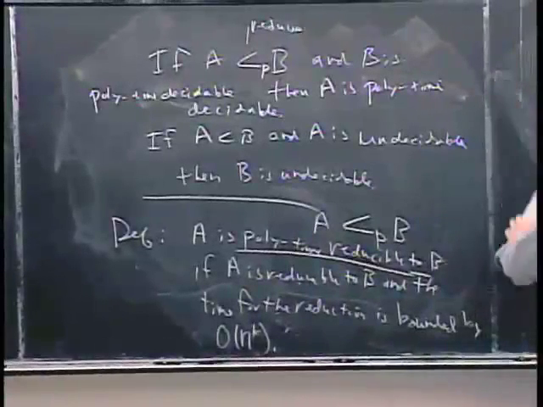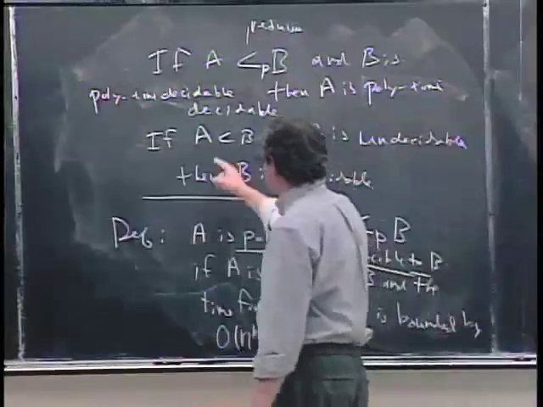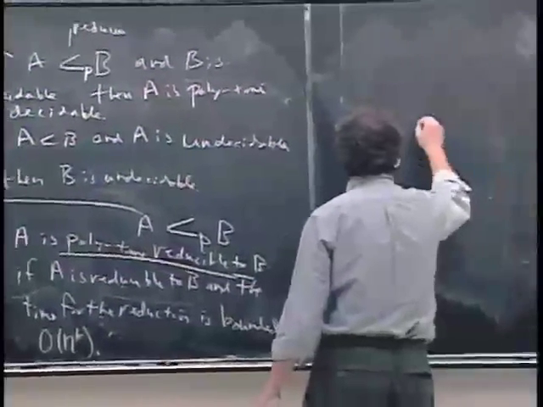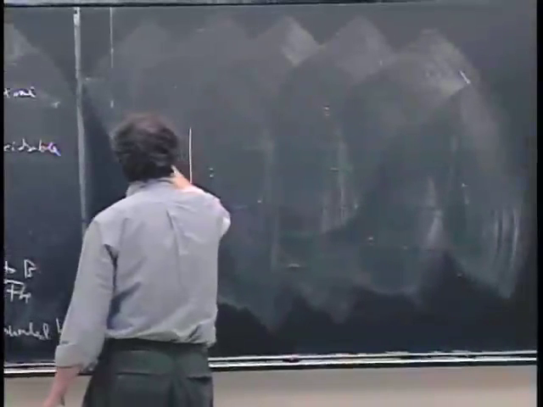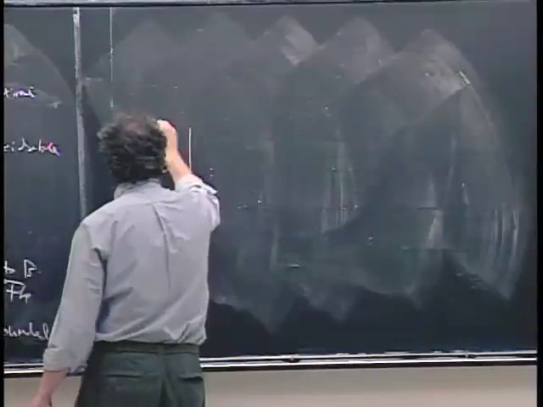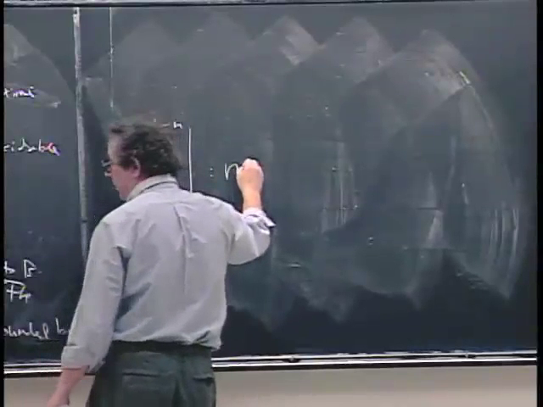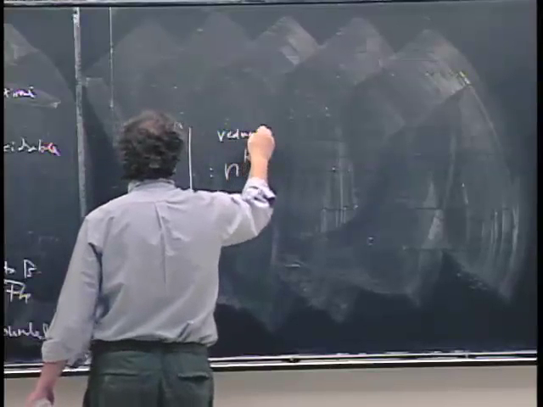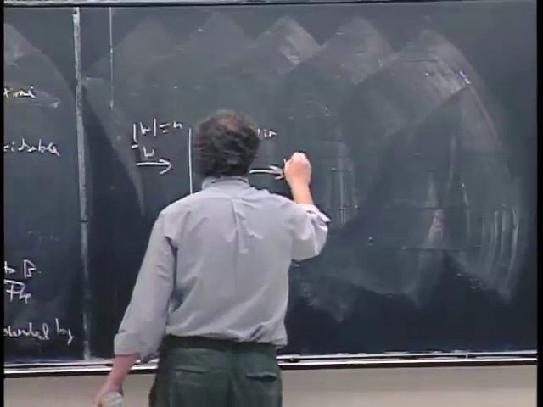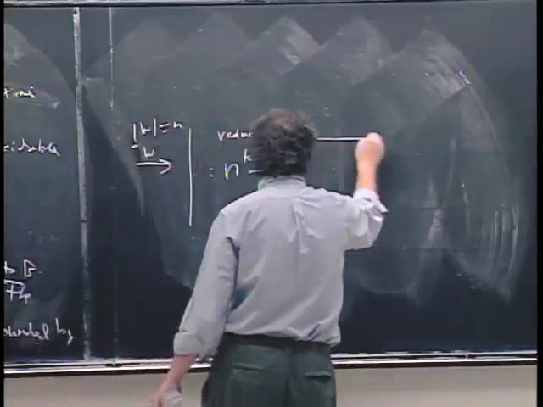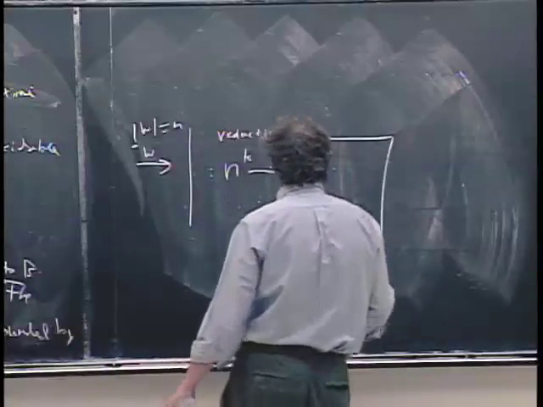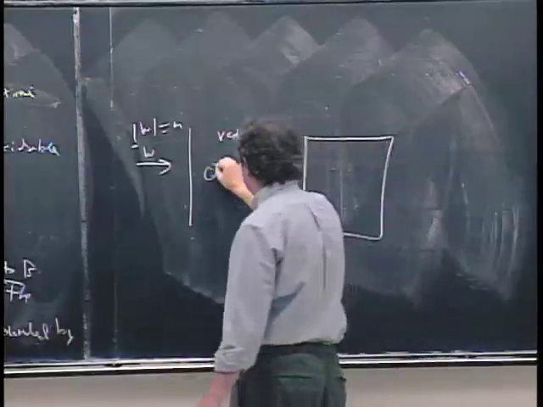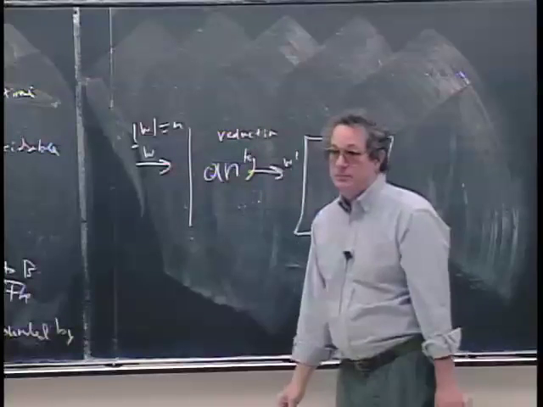And so what's the time bound for the decider for A? The decider for A uses at most n to the k for the reduction. It produces a W prime, which goes into the decider for B. Well, if this reduction takes at most order n to the k time, how big is W prime?